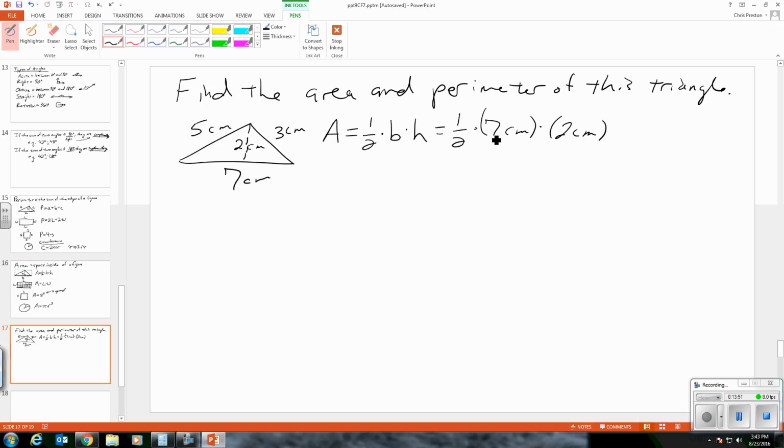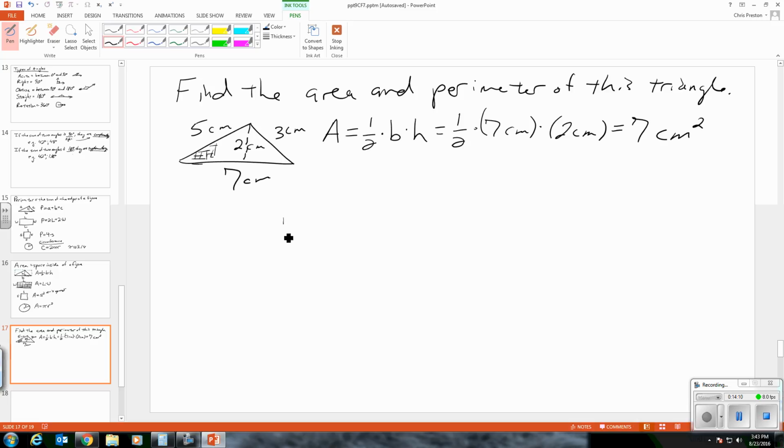So 1/2 times 7 times 2, well, 2 times 1/2 is 1 times 7. This is going to be 7, and then centimeters times centimeters is centimeters squared. Area is always in square units, because what you're really doing is making a bunch of little squares here. So it's always square units.